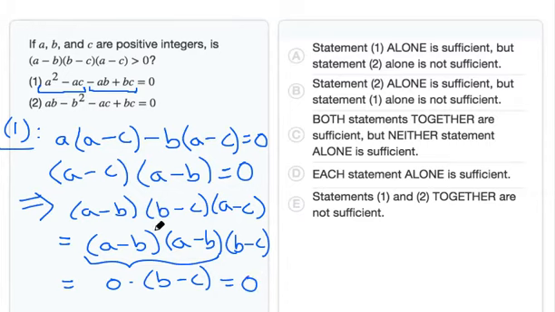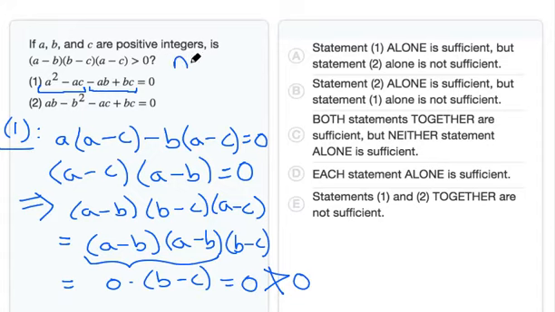This was the left side of the inequality, and we were asked to determine whether it's greater than 0. We found out that it's actually equal to 0, so it's definitely not greater than 0. This is a definitive answer. If those are positive integers, is this inequality true?